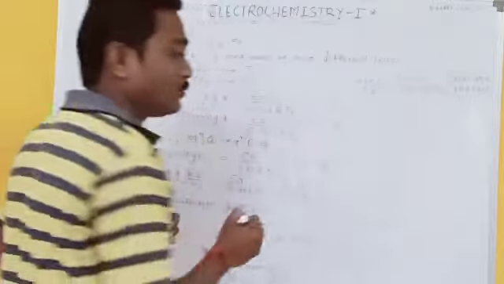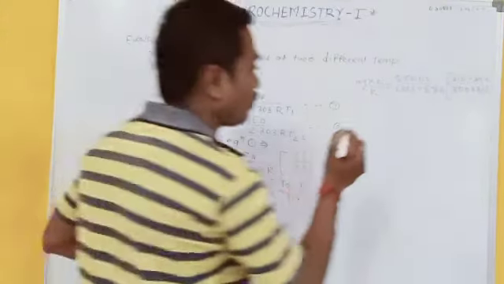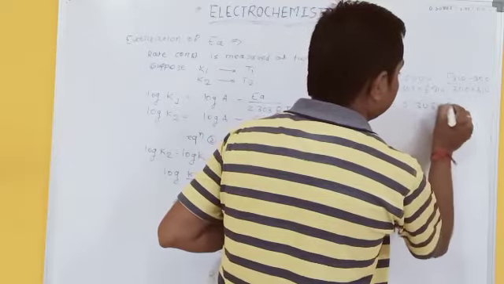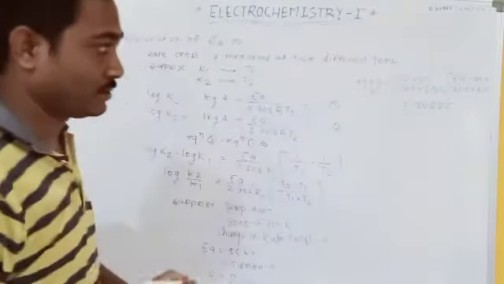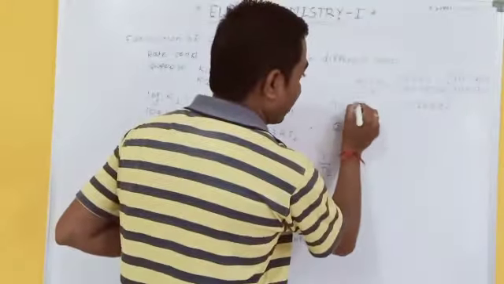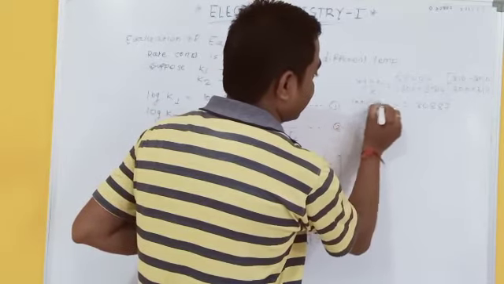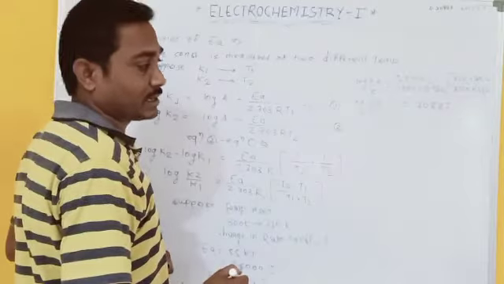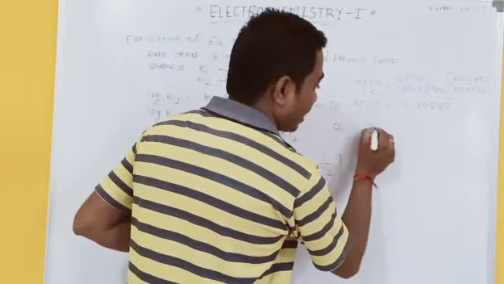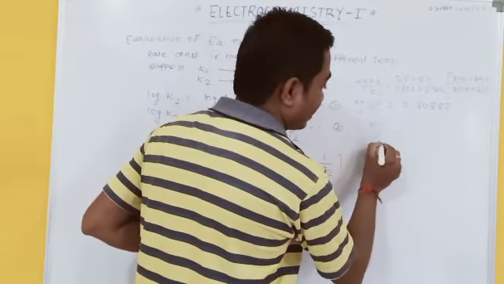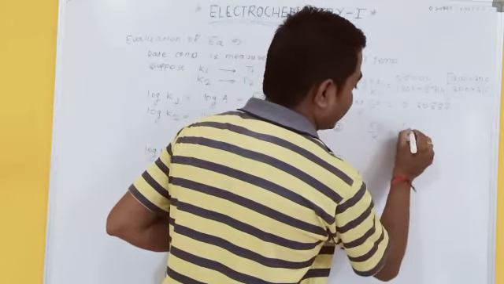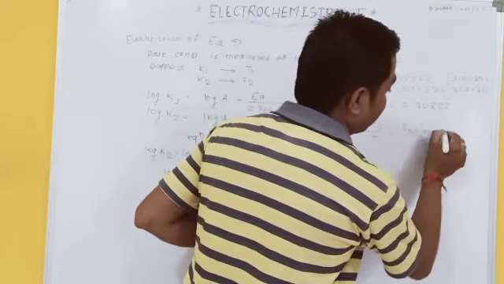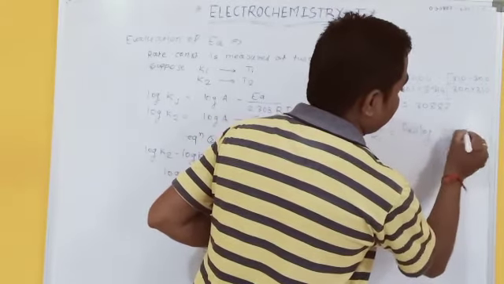Then the above value becomes 0.30887. Log K2 divided by K1 is equal to 0.30887. Now take antilog. K2 by K1 is equal to antilog of 0.30887.